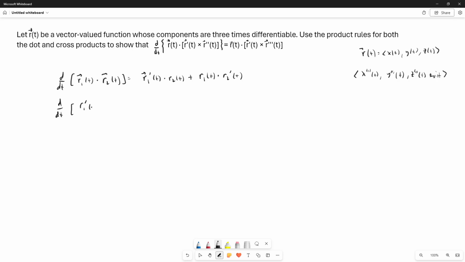So the derivative of R1 cross R2 is R1 prime cross R2 plus R1 cross R2 prime.